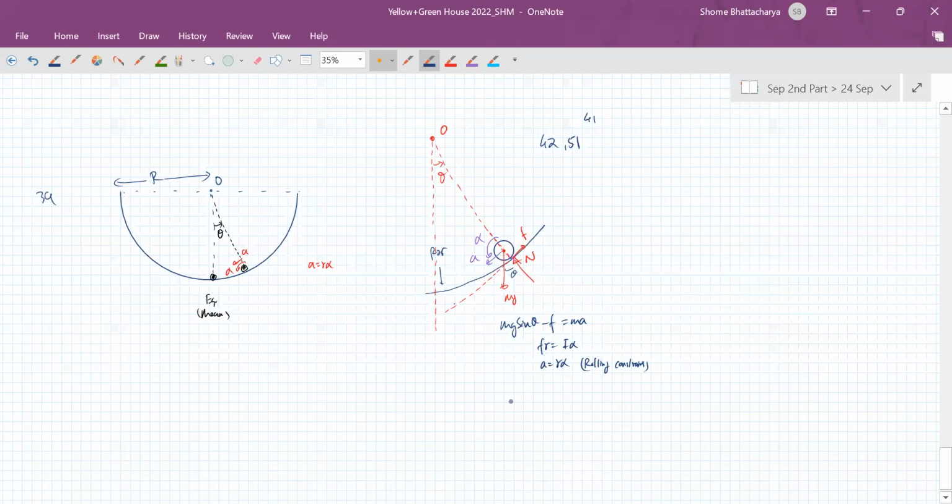So we'll see that this second equation will become F into R is equal to 2 by 5 mr square into a by R. And then substitute that in the first equation.